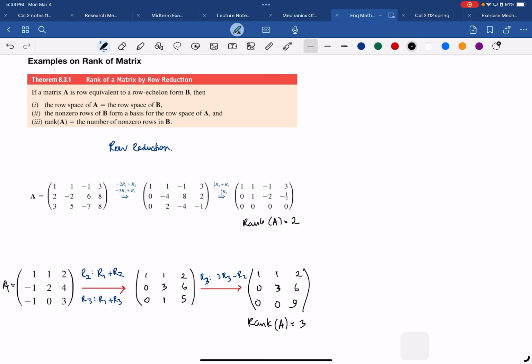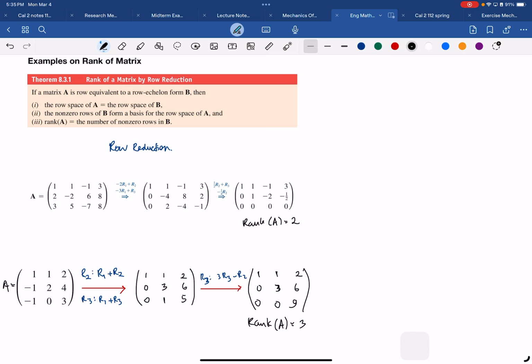So I think row operations will be the basis if you want to learn more about linear algebra. One way to solve problems is using row operations, and the whole thing uses row operations. So this is just a quick note on how to use row operations to find a rank.